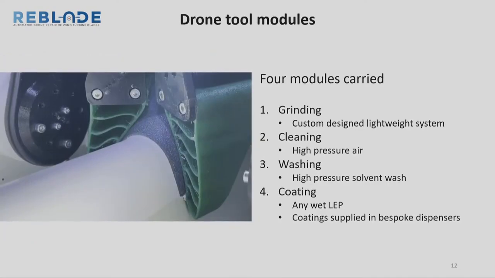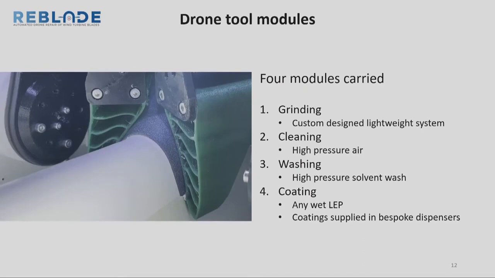So within the drone, once fully developed, it will carry 4 modules. The first one is a grinding module, and this is custom designed, super, super lightweight, and it will do a very coarse, abrasive grind, and then it will do a finer grind.